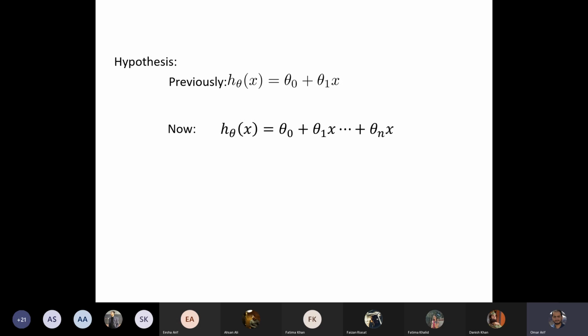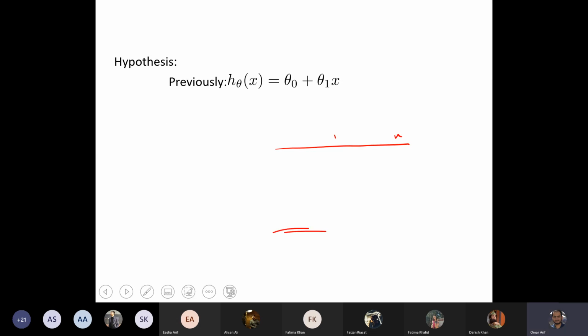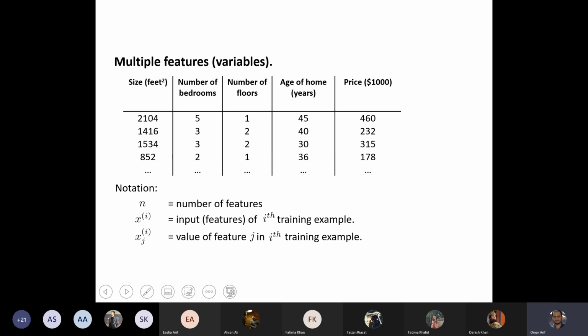For example, this is my hypothesis now, corresponding to n different features. So for example, I have 4 features here: x sub 1, x sub 2, x sub 3, x sub 4.